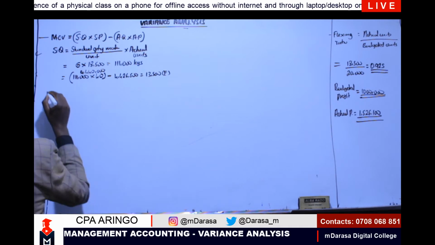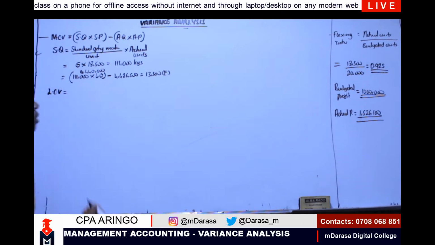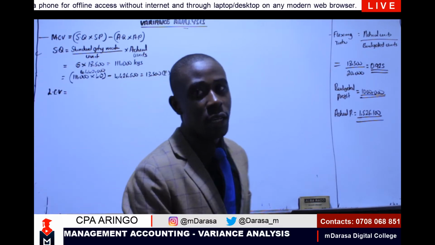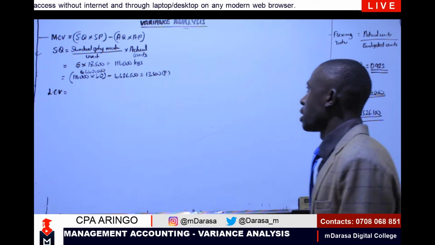Go to number 2, the type of variance that we need to calculate: labor cost variance. Do you know how to compute our labor cost variance? Yes, we have that formula.